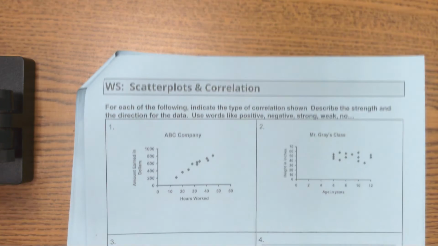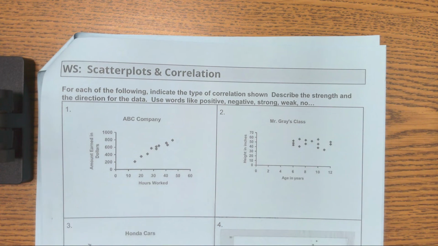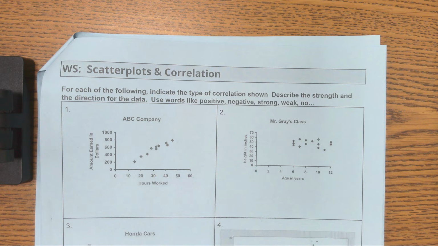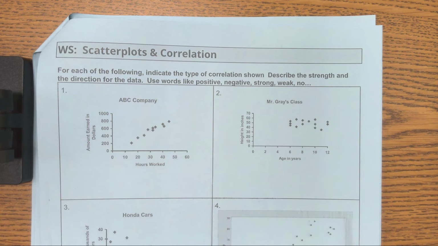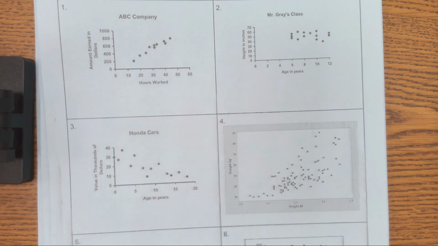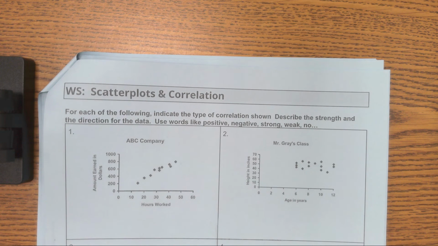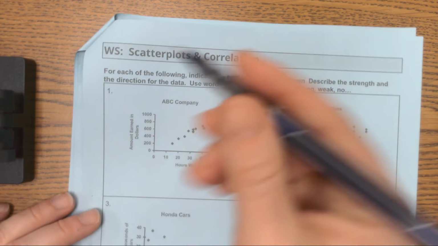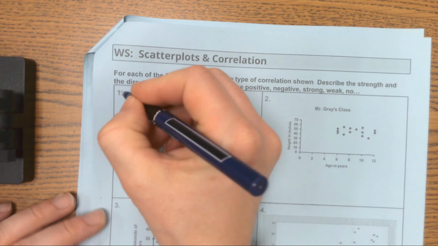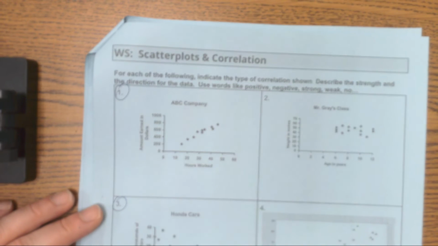All right, here we go. What I want you to do with the person next to you is, would you try to describe 1, 3, and 5 with those two words? So you want to use positive, negative, and then tell me if you think it's strong, weak. You could even use moderate if you want.